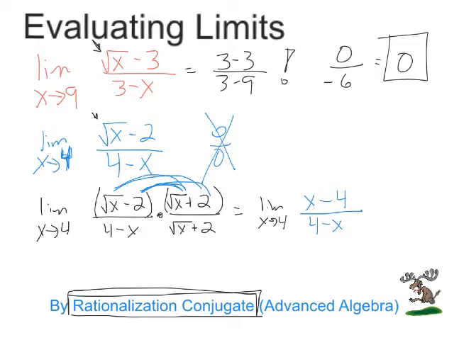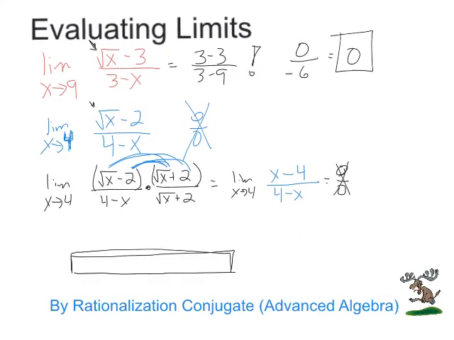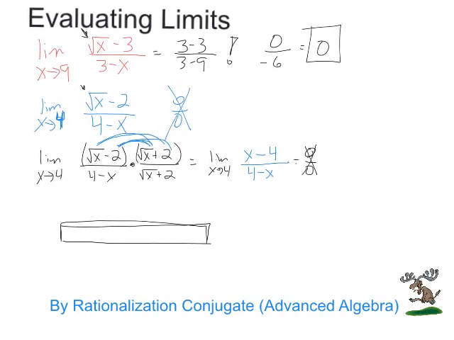And at this point, we can try direct substitution. If we plug 4 in, we're going to get 0 over 0. And again, that doesn't work out for us, so we need to do some more work. And that's kind of why I'm calling this advanced algebra, because oftentimes it takes multiple steps.